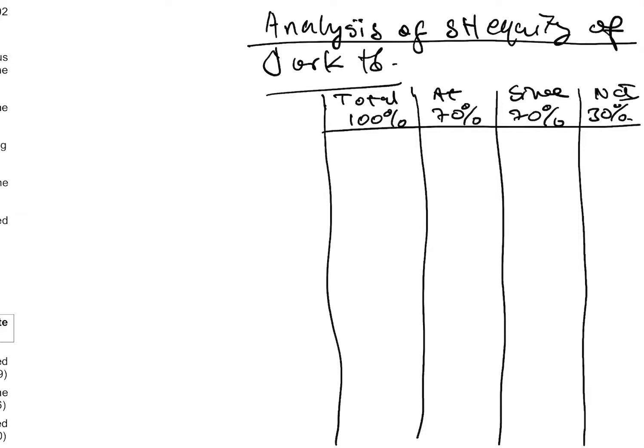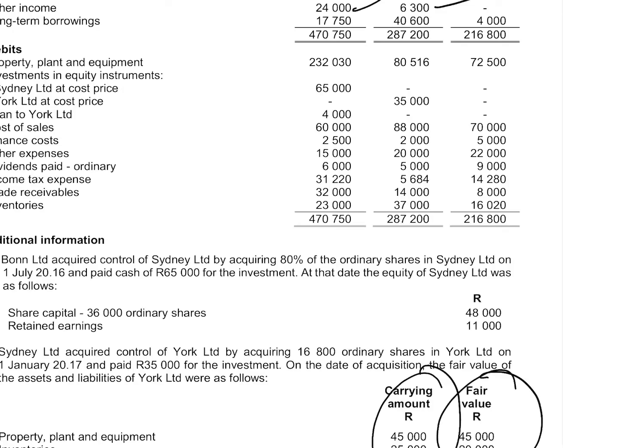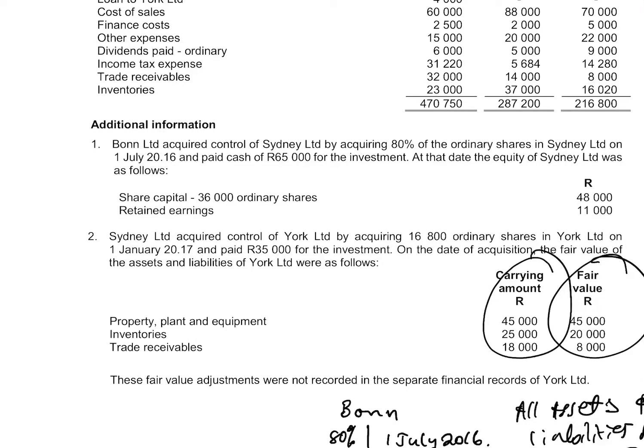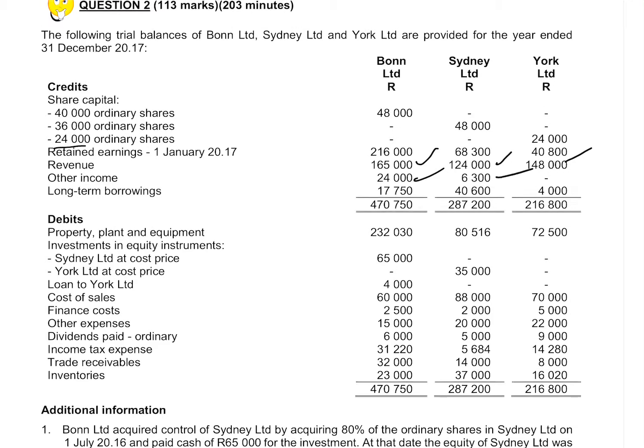Then we start with the share capital that was there. How much share capital was there in the books of York? So we are starting on number 2. York Limited, they didn't tell us. So it was acquired on the 1st of January 2017. The retained earnings are not given in this question, but if you check on the trial balance, the trial balance is at 31 December 2017, but the retained earnings were at 1 January 2017.